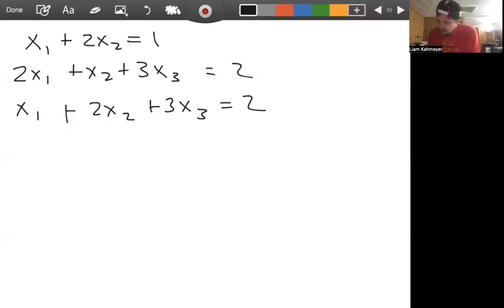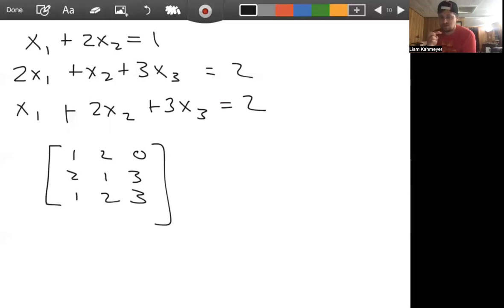How are we going to do this? Well, let's first write the corresponding matrix form of the system. That would be 1, 2, 0, 2, 1, 3, 1, 2, 3. That's your coefficient matrix. You just look at all the coefficients.